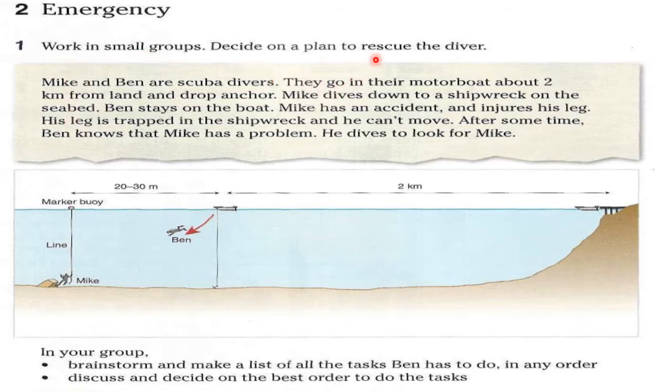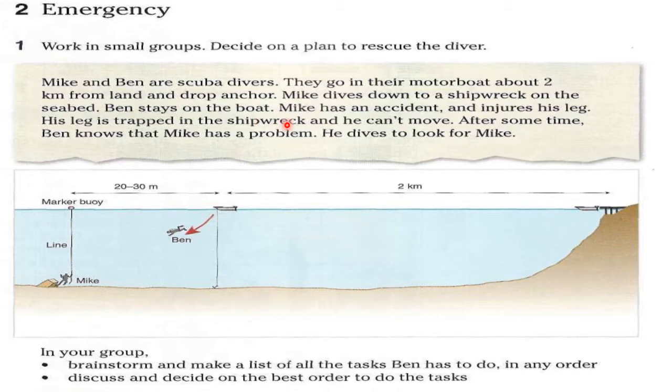Okay, now work in small groups. Decide on a plan to rescue the diver. Now Mike and Ben are scuba divers. They go in their motorboat about 2 kilometers from land and drop anchor. Look at the picture. Mike dives down to a shipwreck on the seabed.